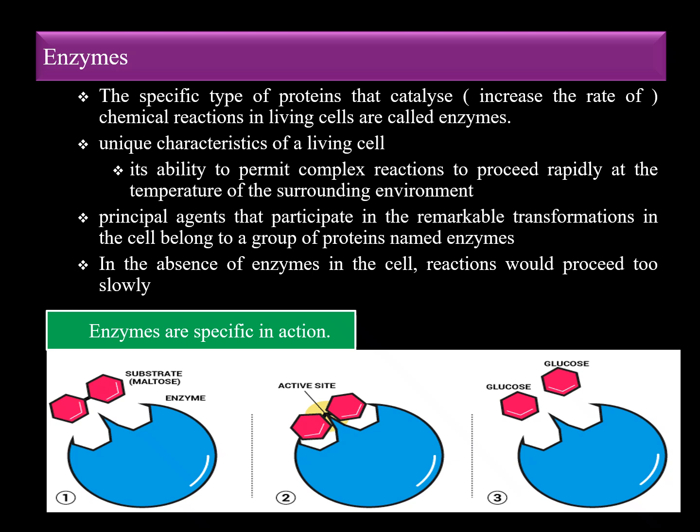Enzymes are a specific type of protein that catalyze, meaning they increase the rate of chemical reactions in living cells. One special characteristic of living cells is that they can perform complex reactions very quickly at a normal temperature, and enzymes are the main reason. Enzymes participate in important transformations inside the cell, such as digestion, energy production, and the synthesis of biomolecules.